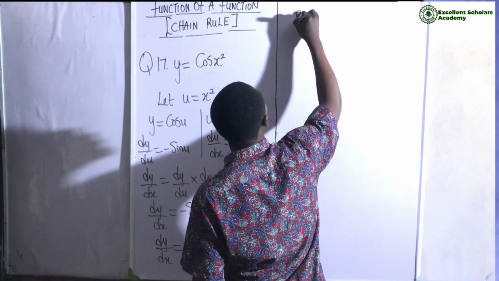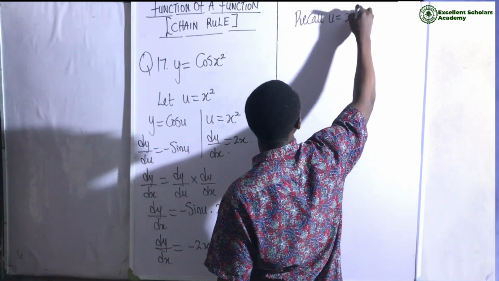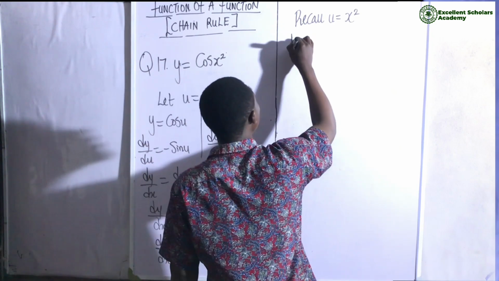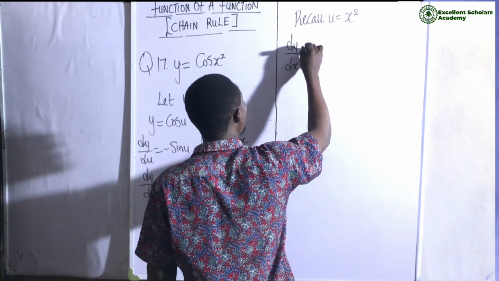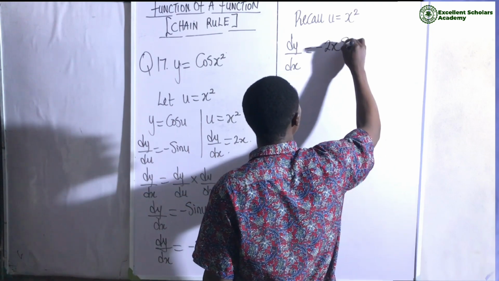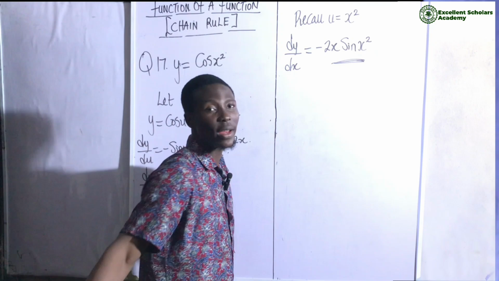Now recall that u is equal to x squared. So dy/dx finally is going to be minus 2x sine x squared. That will be your final answer.